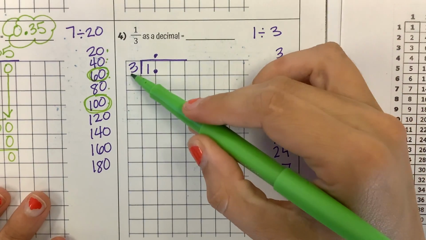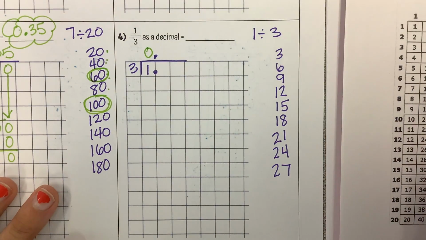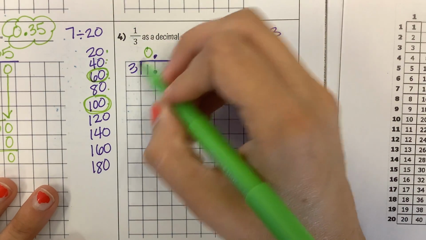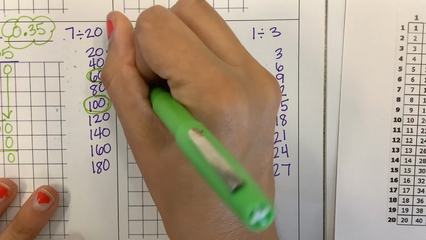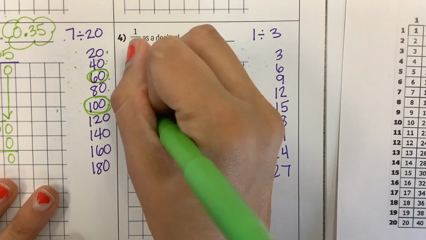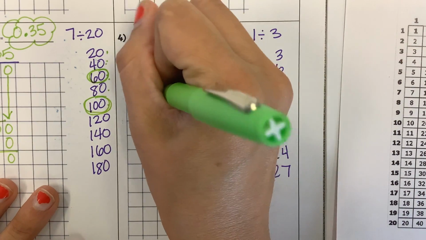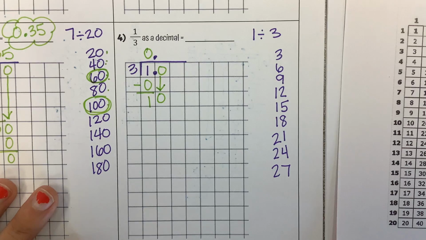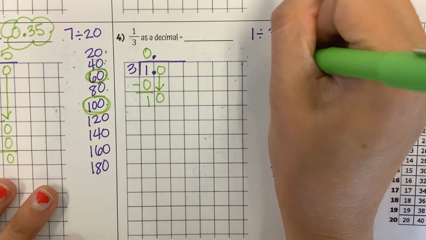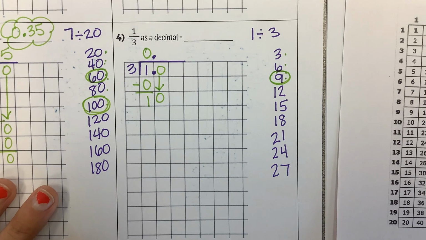And then start dividing. 3 does not go into 1. 1 is too small, so it goes in 0 times. 3 times 0 is 0. And subtract. 1 minus 0 is 1. We have a remainder and nothing to bring down, so I'm going to add a 0. Bring that down. 3 goes into 10. 1, 2, 3 times, because 12 is too big.